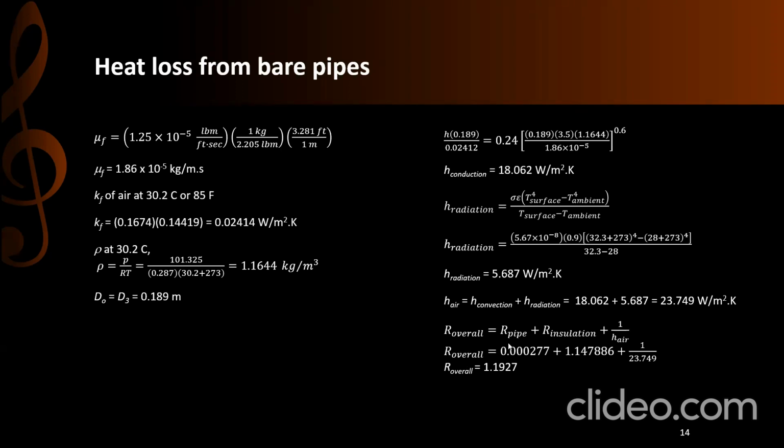So R overall is R5 plus R insulation plus 1 over h air, which is 0.000277 plus 1.147886 plus 1 over 23.749, is 1.1927.